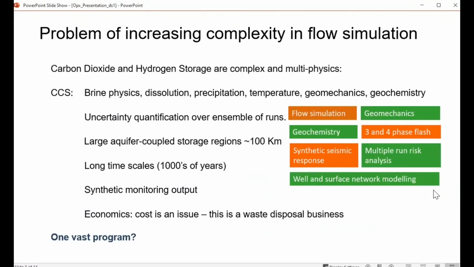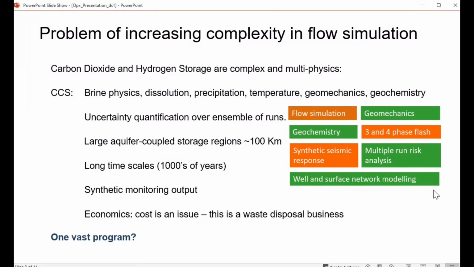So this is clearly quite a complex problem, and it's really multi-physics as well. So I've mentioned the brine. We're worried about brine precipitation. We have temperature effects. We have the geomechanics of the reservoir moving under the stress of the injection. We have the geochemistry of the long-term mineralization. And this whole thing ought to be done really with uncertainty quantification over an ensemble of runs.